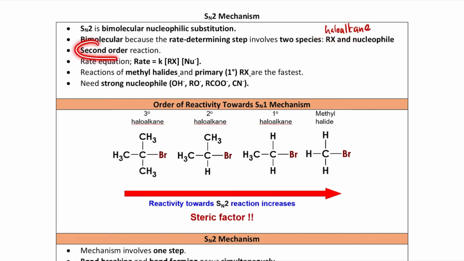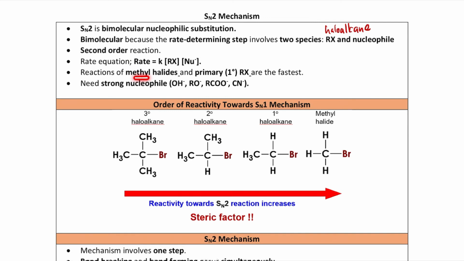Okay, so this is second order reaction. So our rate law adalah macam ni. Rate equal to k, concentration haloalkane power 1 times with concentration nucleophile also power 1. So 1 plus 1 equal to 2. That's why dia second order. Okay, so maksudnya rate of reaction bergantung kepada dua benda ni lah.